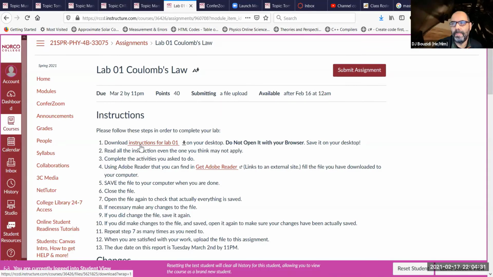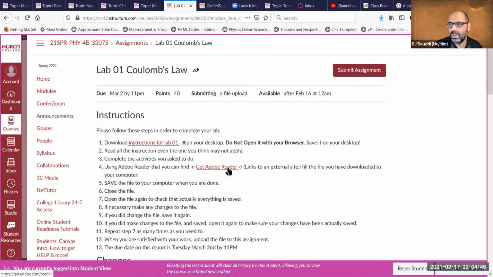That is a no-no. The reason why I'm saying that is browsers and the internet in general are stateless, and it's not going to save what you do. So you need to have a reader of some sort, an Adobe Reader or something that can save to your desktop. I understand now that Microsoft Edge, and I think even Chrome, do save PDF files.